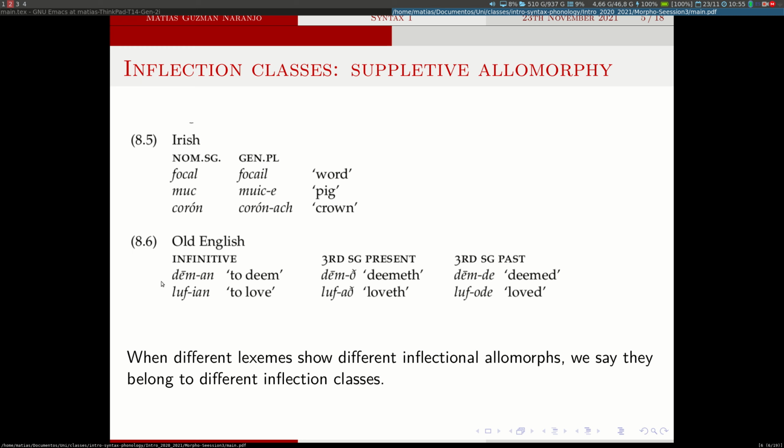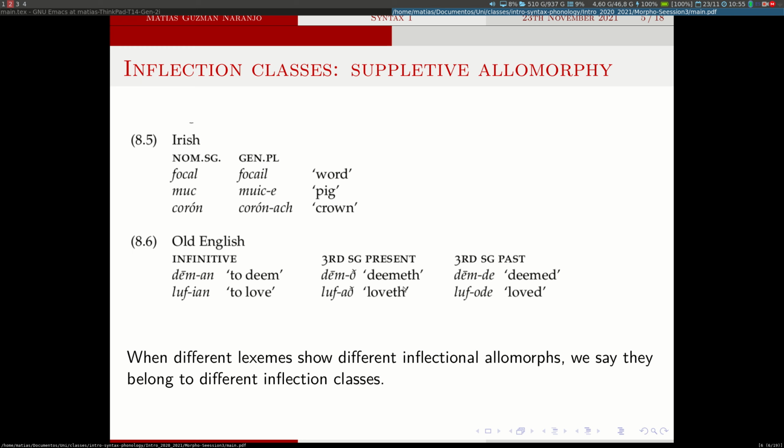You have two verbs, and they have different affixes for each of these three tenses. The first one is just consonant vowel, or consonant, or vowel consonant, and for the second one you have an additional vowel before each affix.